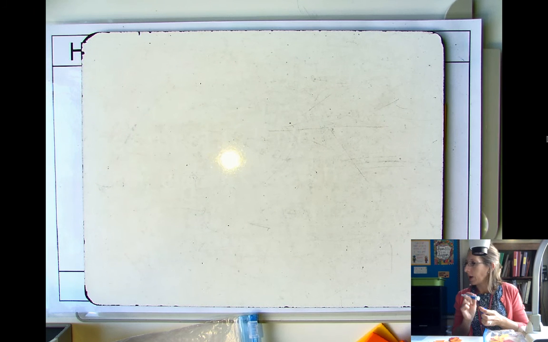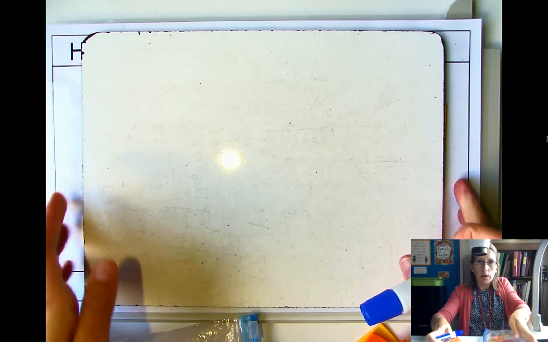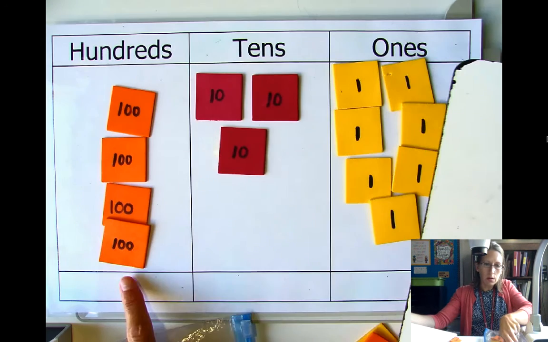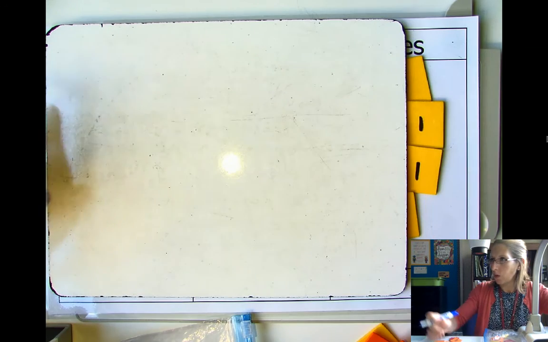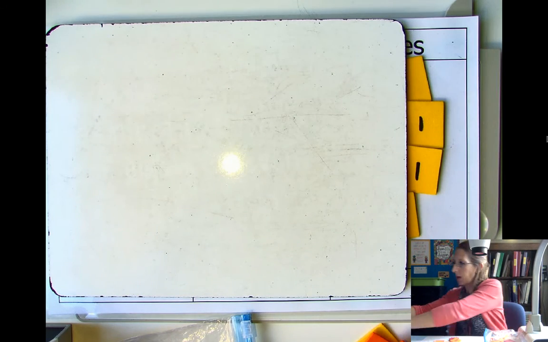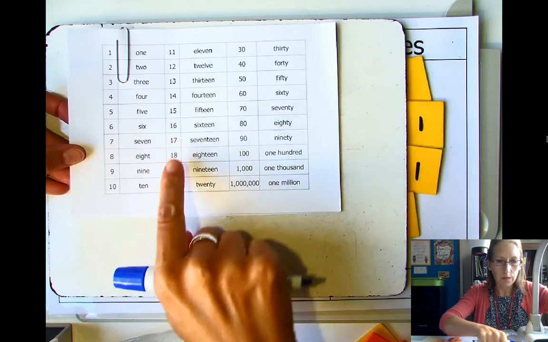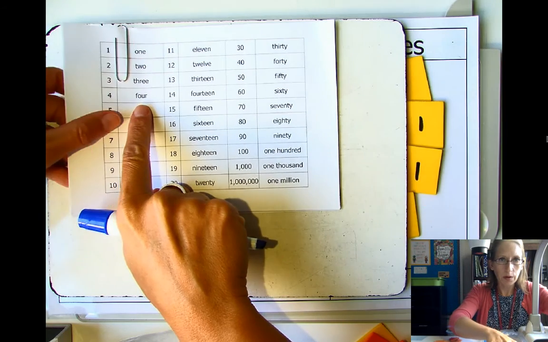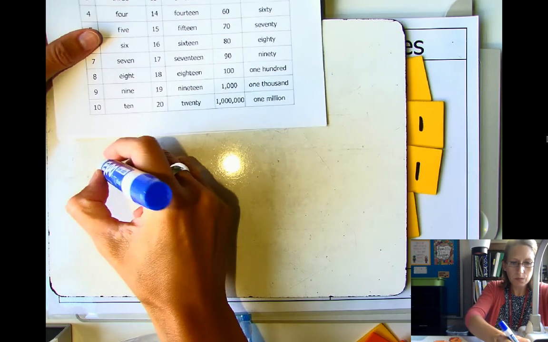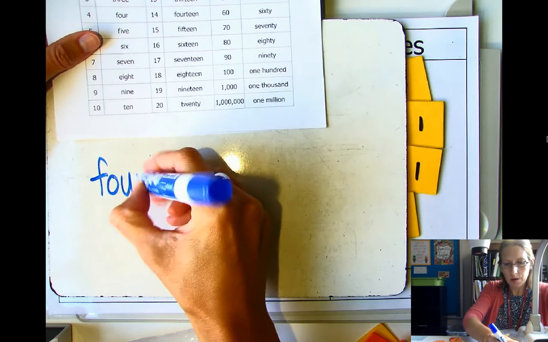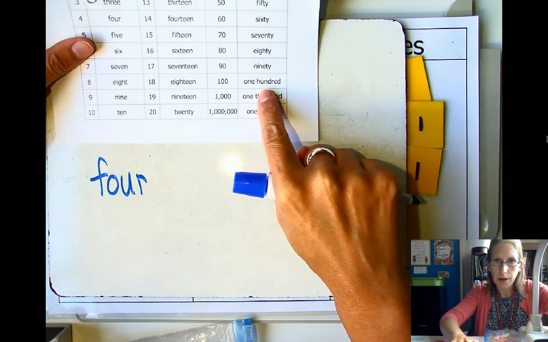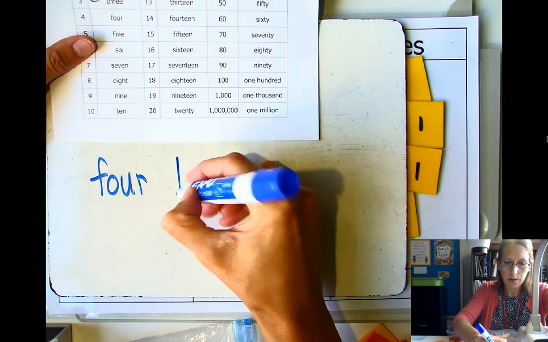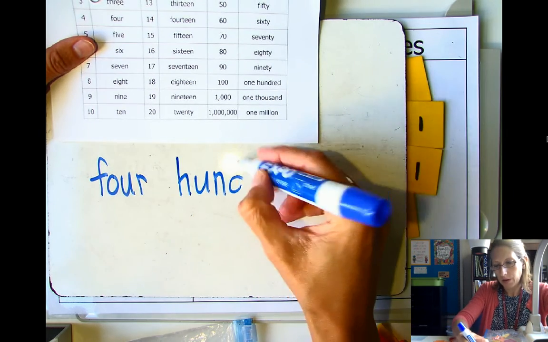We were writing 437. So, we can look at our paper to help us. Let's see, there's the number 4. There's the number 100. 400.